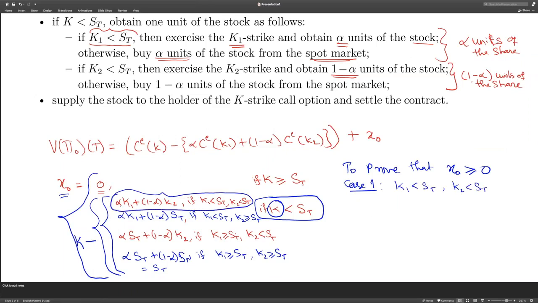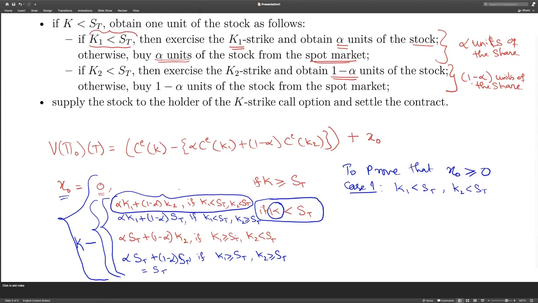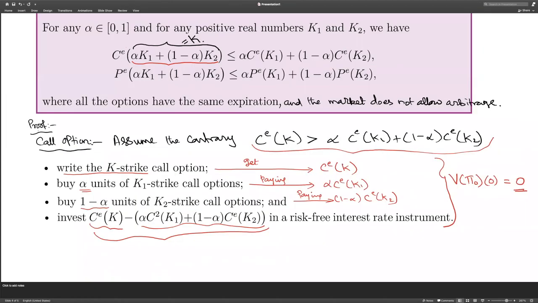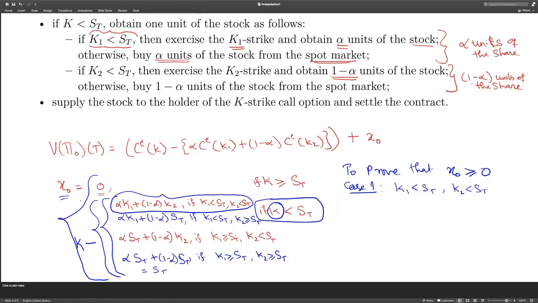In this case, you have alpha K1 plus 1 minus alpha K2. If you recall, that is precisely what we have defined as K. You can see here how we have defined our K as precisely alpha times K1 plus 1 minus alpha times K2, and therefore your K minus K is what is coming here.